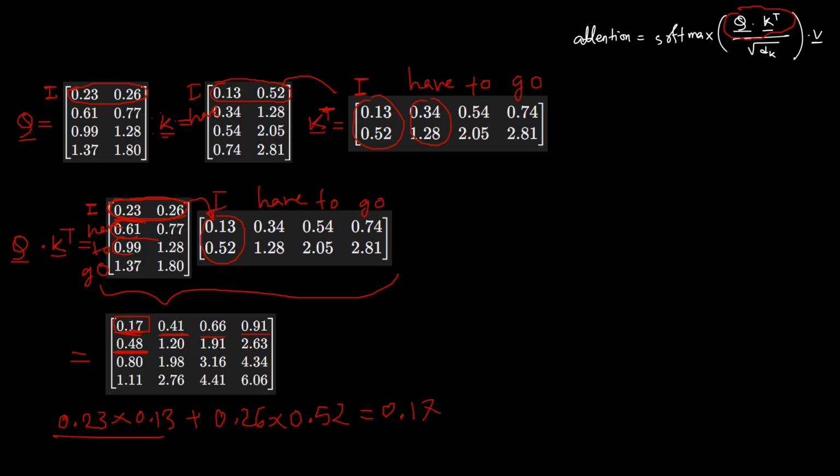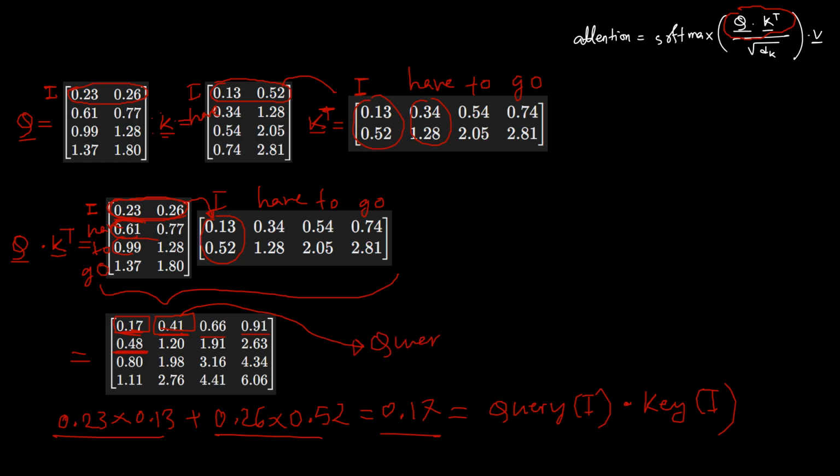So this thing that we did is essentially the dot product of the query of I with the key of I. And when we're calculating the second element, 0.41, what we're essentially doing is the query of I, the first row here, times the second column here. The second column here is the key of have.